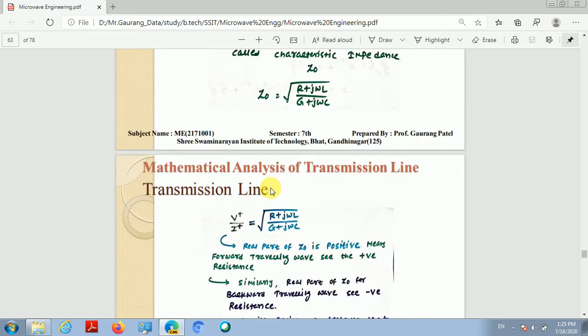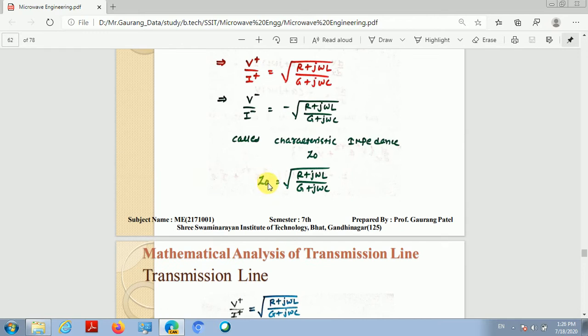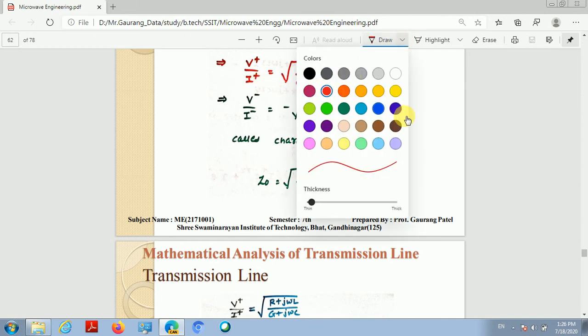So Z0 is equal to the square root of (R plus j omega L) divided by (G plus j omega C), which is nothing but the ratio of V plus divided by I plus. Okay, so this we discussed in the last class.